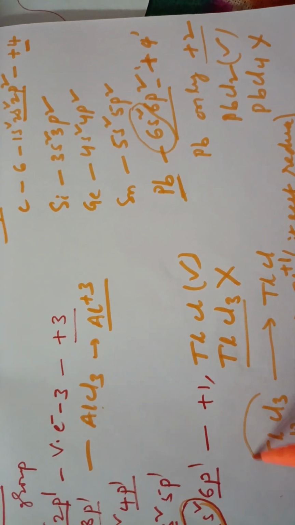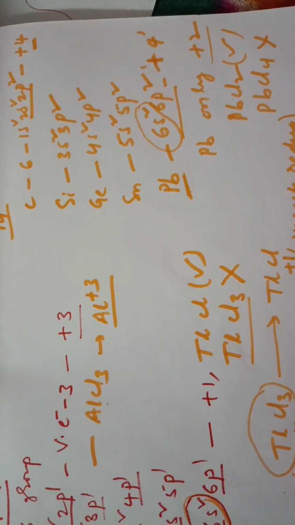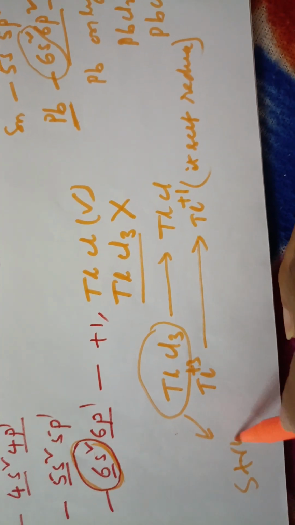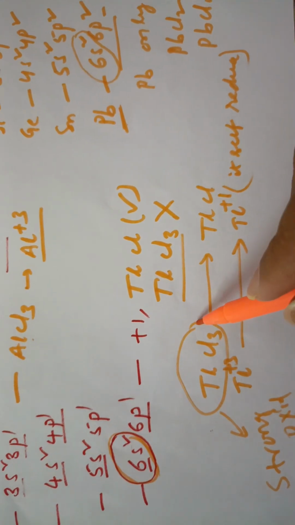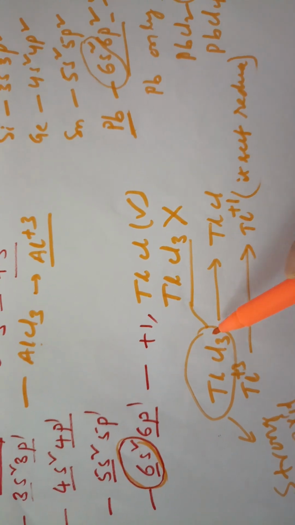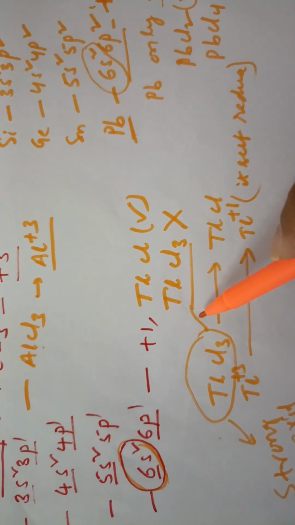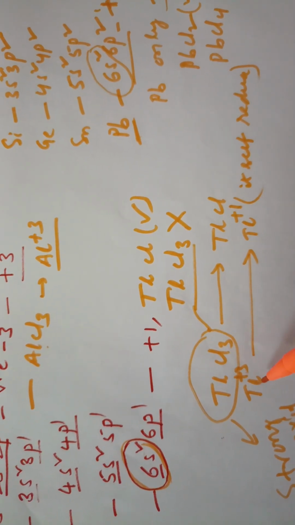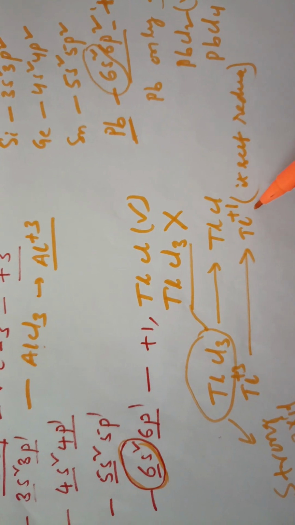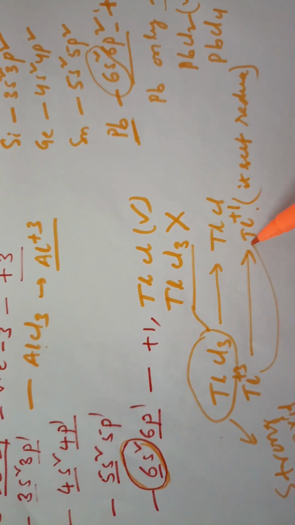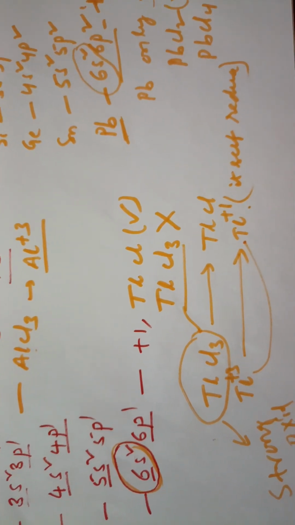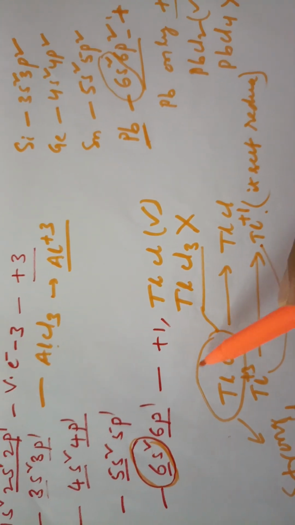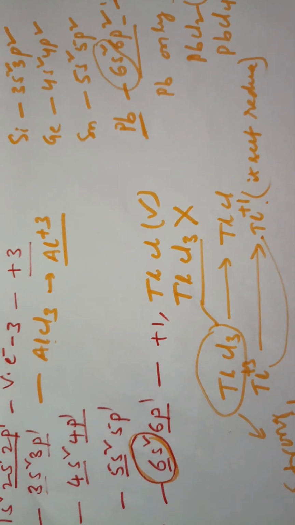So thallium trichloride acts as a strong oxidizing agent, because it is unstable and converts easily from thallium +3 state to thallium +1 state. That means it is reducing itself, so it oxidizes the other elements.